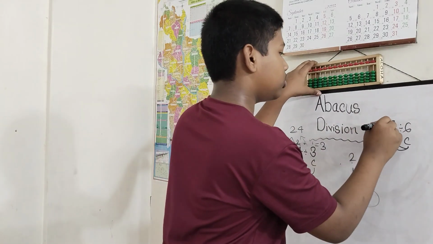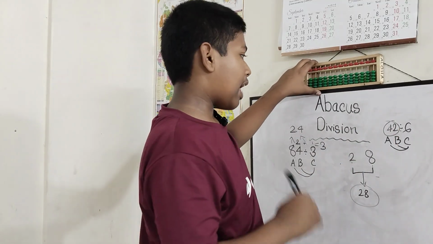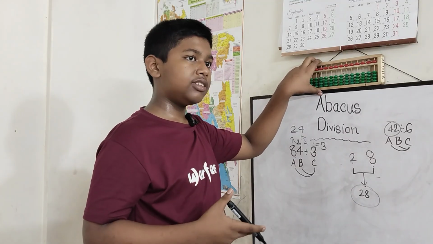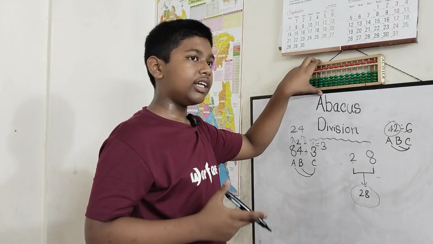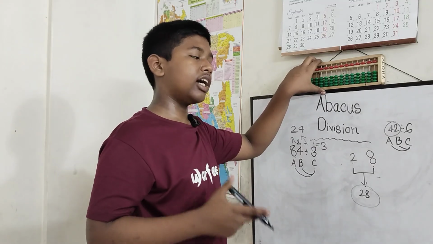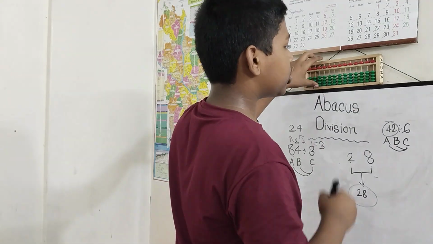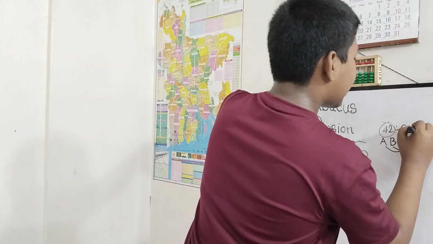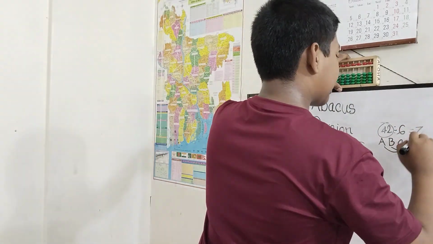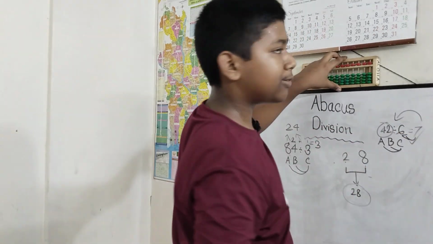That means that we have to use both of them, both AB division C. But how to do this? 6 multiplication 1 is 6. 6 multiplication 2 is 12. 6 and 3 sixes are 18. 6 fours are 24. 6 fives are 30. 6 sixes are 36. And 6 sevens is 42. That exactly matches up. We don't have to do anything. We can just say 7, and that is the answer. So we got 7 and it actually matches up. We can even test it out because 6 and 7 is 42. That is, we always know.